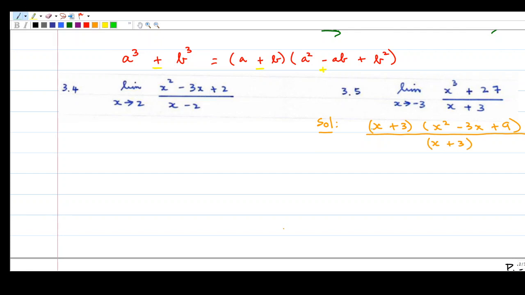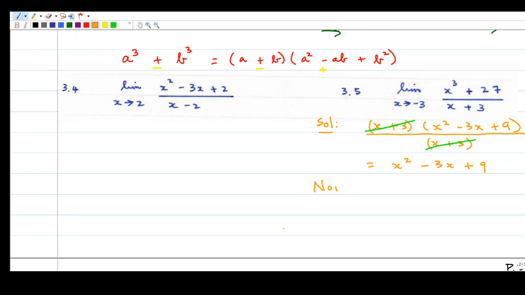So the factor x plus 3 in the numerator divided by the factor x plus 3 in the denominator simplifies to x squared minus 3x plus 9, right? What I did is I really simplified the quotient of those two functions on which the limit is operating. Now I can take the limit.